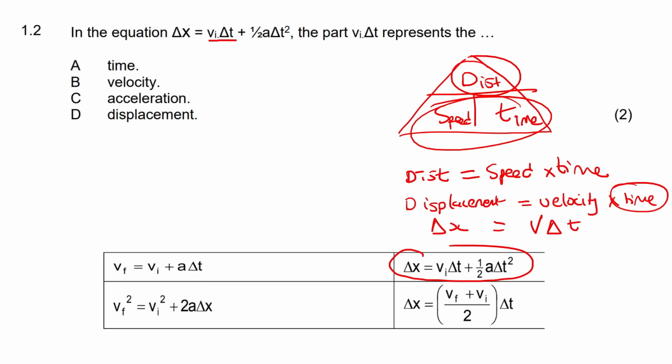So have a look here, V multiplied by T. Just say V multiplied by T for now. Can you see here we also have V multiplied by T? So that is displacement, because displacement is equal to velocity multiplied by time, and so the answer would be D.